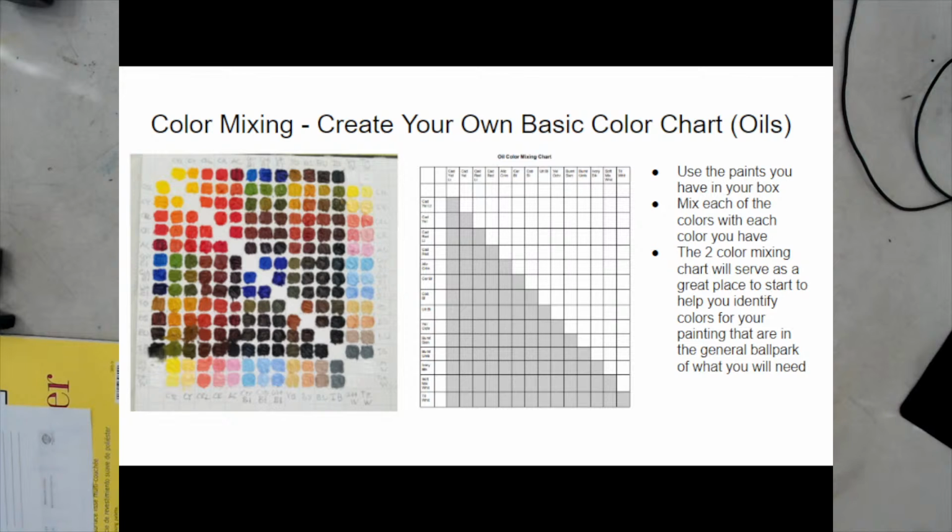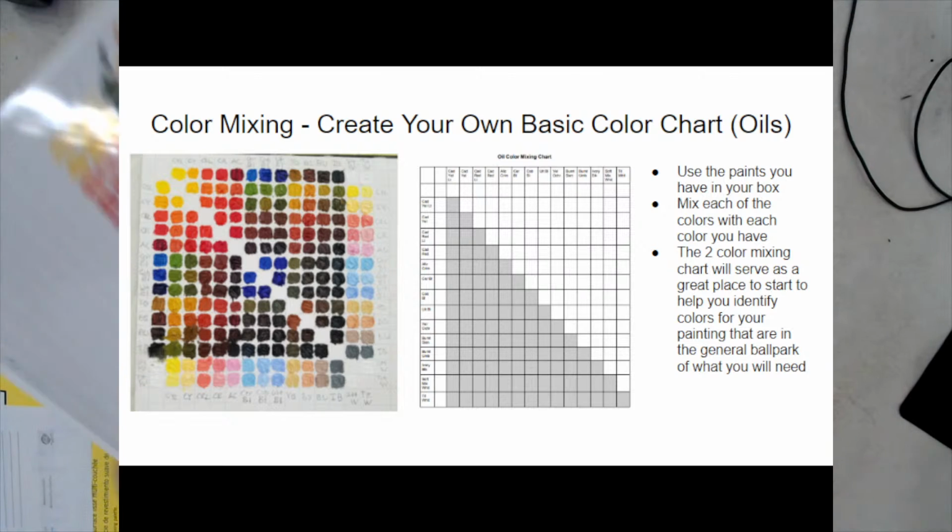And then the two-color mixing chart will serve as a great place to start to help you identify colors for your painting that are in the general ballpark of what you need. So this creates a ballpark. Like, I think I need a green that's close to this, and then you look and see what two colors you mixed that help you get there. So this would be a starting point.